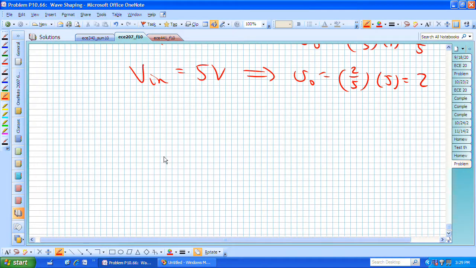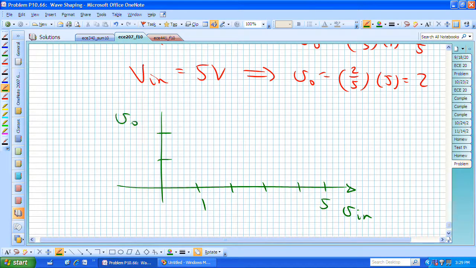And in terms of the input-output relationship, if this is V in, with 1 and 5, and this is V out, then on the positive side, when V in is 1, we know it's 2/5. When V in is 5, we know it's 2. And again, it's this linear relationship.